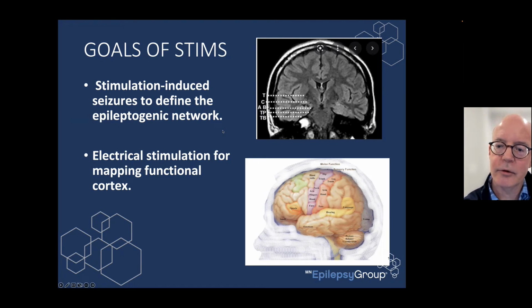So those are the two goals of cortical stims: to stimulate the patient's typical seizure, as well as to map eloquent cortex. These electrodes go both ways. They not only pick up where seizures are coming from when the patient has their seizure, you can also deliver electricity through these electrodes.